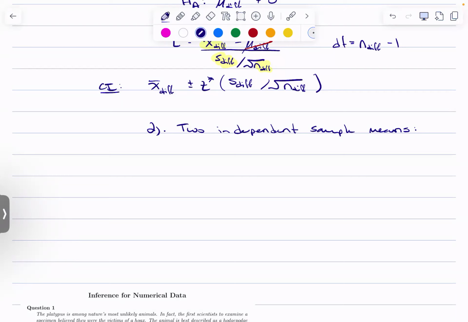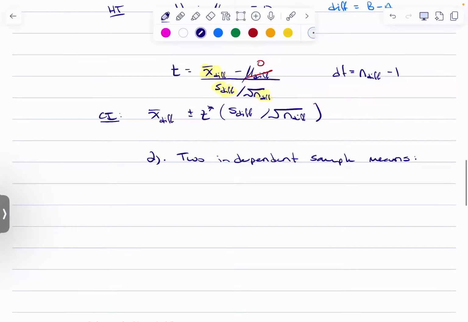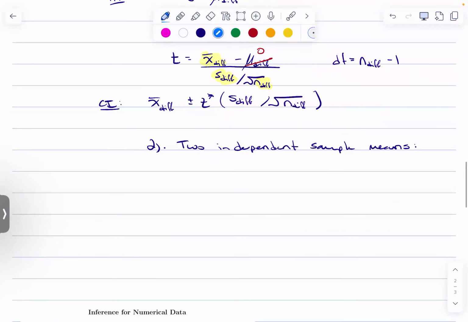But that means that we have information from each sample, right? We have a sample mean, we have a sample standard deviation, and then we have a sample size for each of those two groups. And so we have two samples of numerical data with no natural linkage, right?